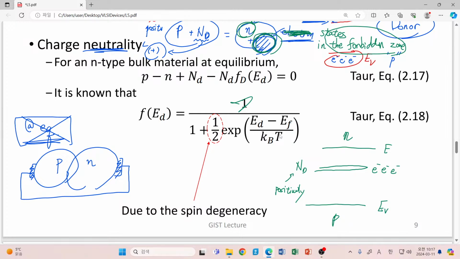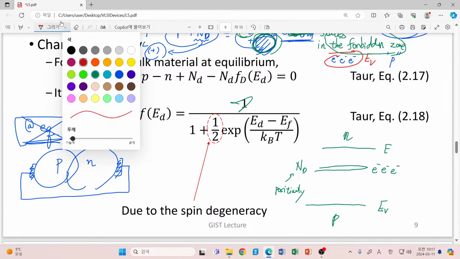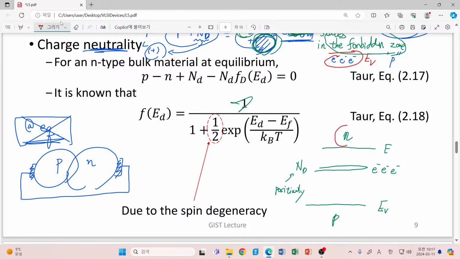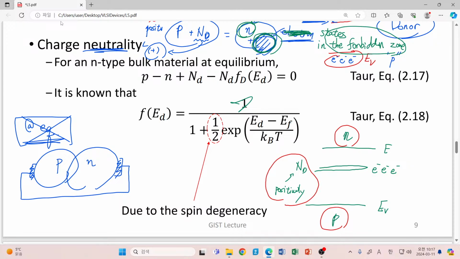So I'm saying that we have 4 different terms. Yes, electron and hole are easy, and 2 other terms originate from the ionized atomic core and electrons occupying those states.